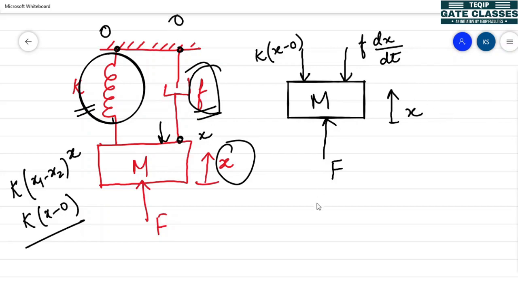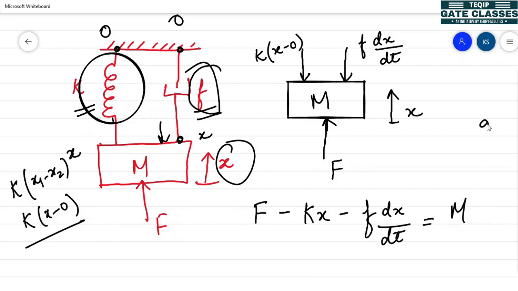So we can say that the sum of forces acting on the block of mass m is the resultant force: F minus, because we are taking this direction of force as positive and this is acting in the opposite direction, so we write a minus sign here, minus kx minus f dx by dt, is equal to m into a.